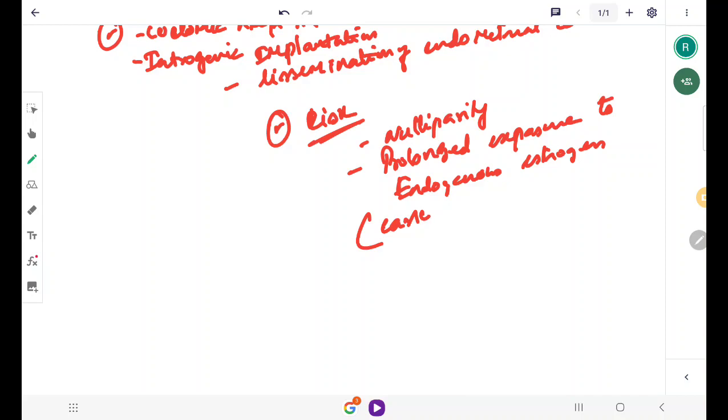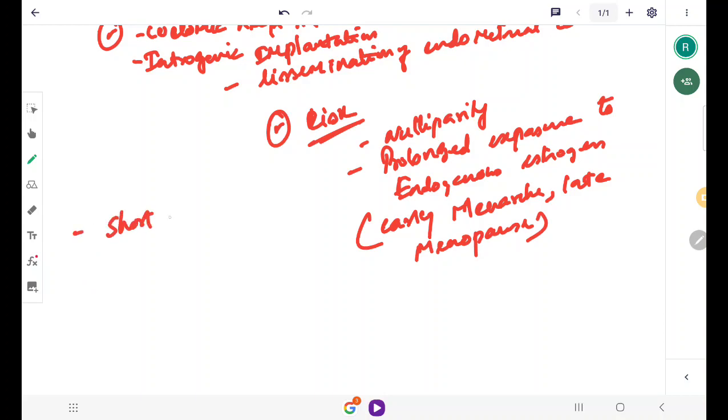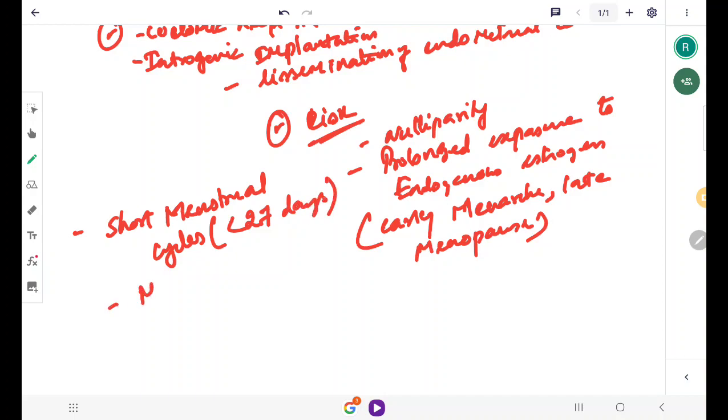In case of early menarche, females are exposed to lots of estrogen, and in late menopause as well, they are exposed to a lot of endogenous estrogen that can cause endometriosis. Short menstrual cycles, meaning a cycle of less than 27 days, and menorrhagia greater than 1 week can cause endometriosis, and family history as well.